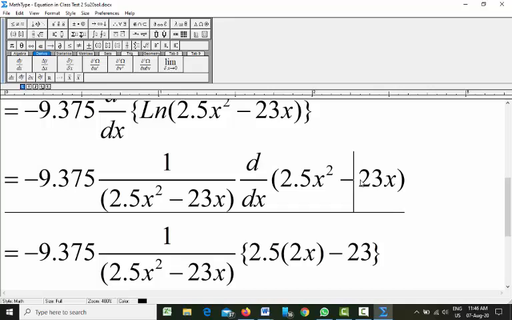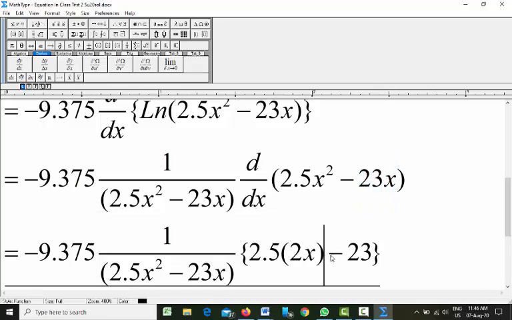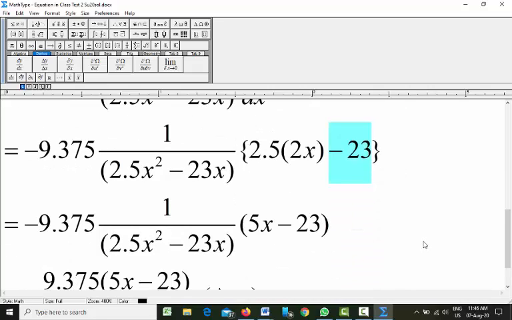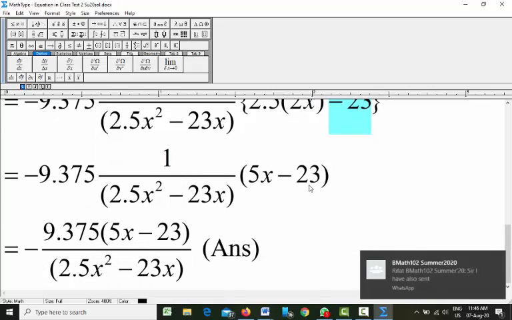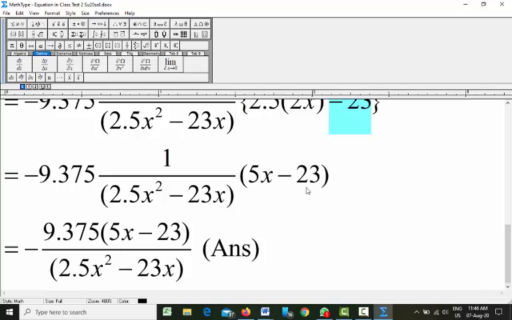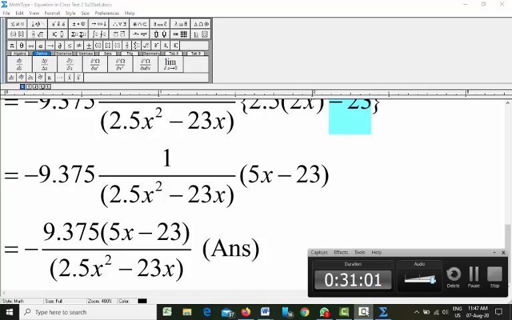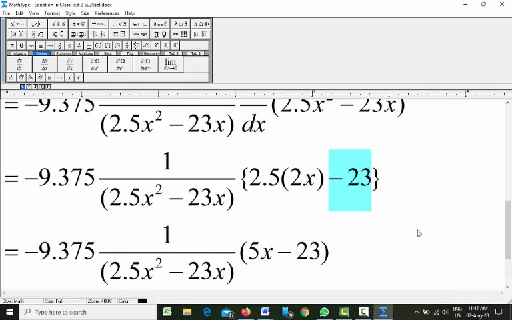If you do differentiation of the other part, we will get only 23, so we will have minus 23. So 5x minus 23.